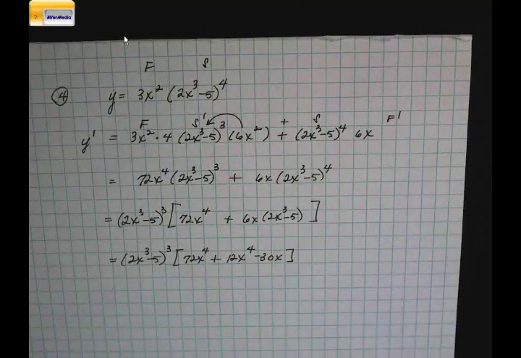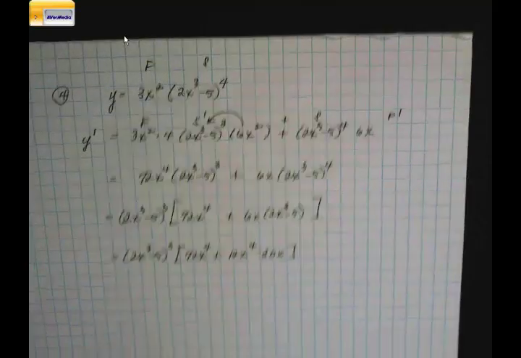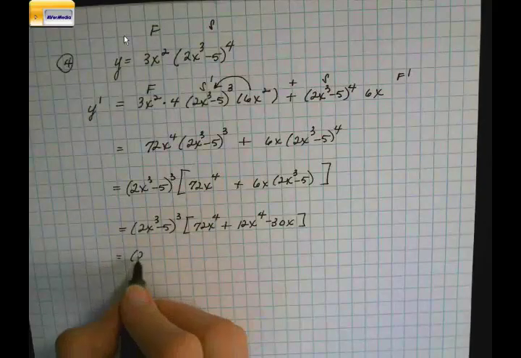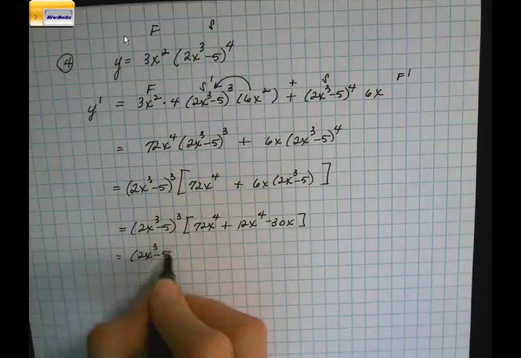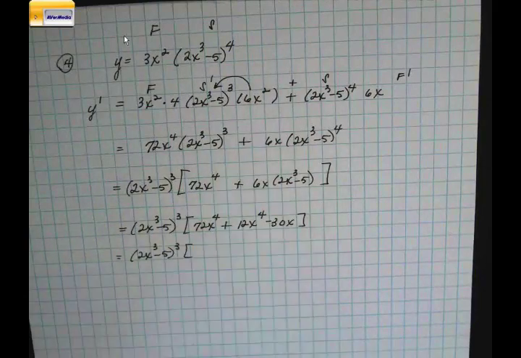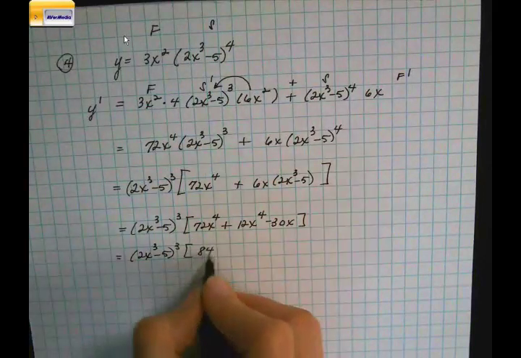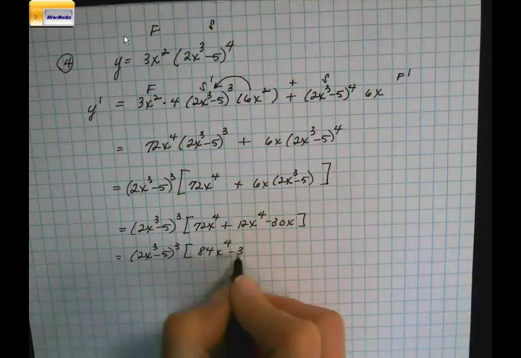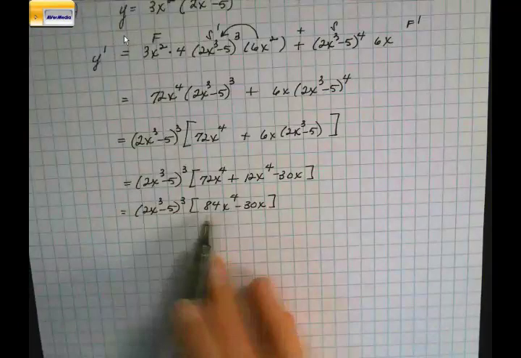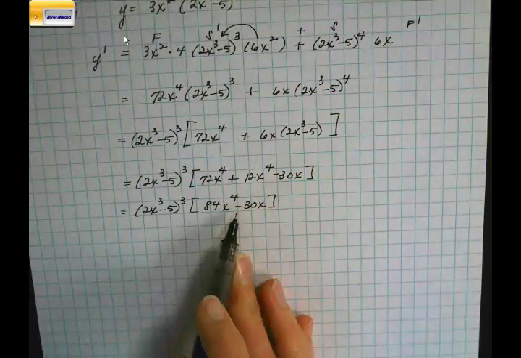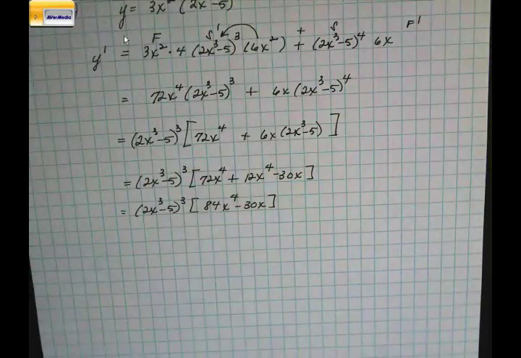Oh, could I have? Yes, I could have, and I didn't. Shame on me. Could have taken more out. What do I have in here? 72 and 12 is what, 84, x to the 4th? And I really could take more out of here, right? What's the GCF of that thing?